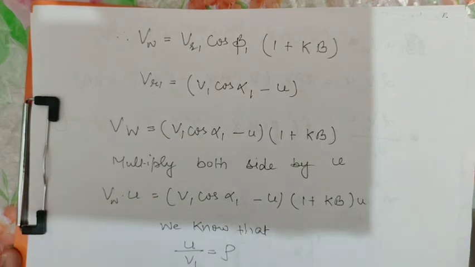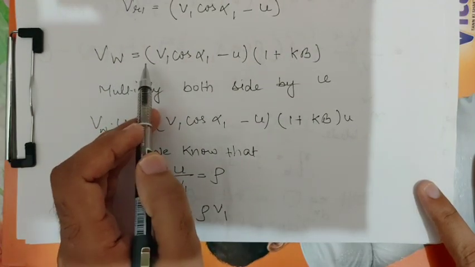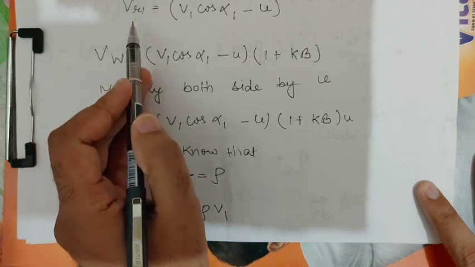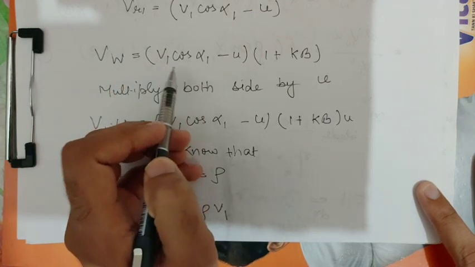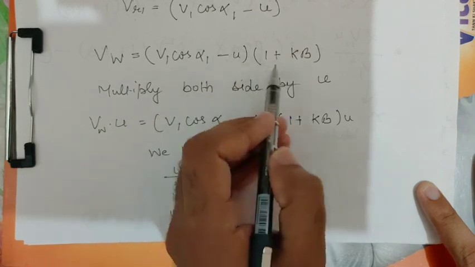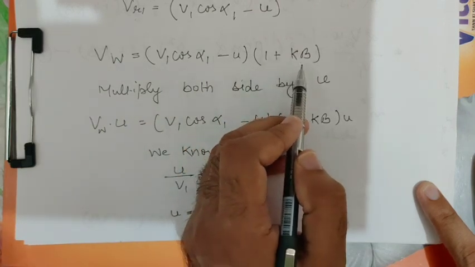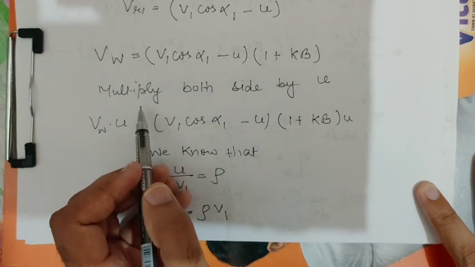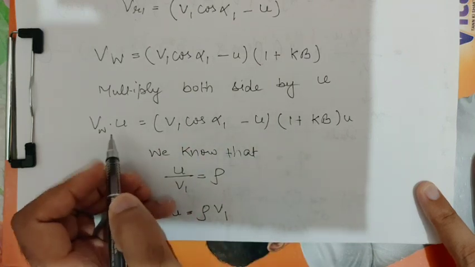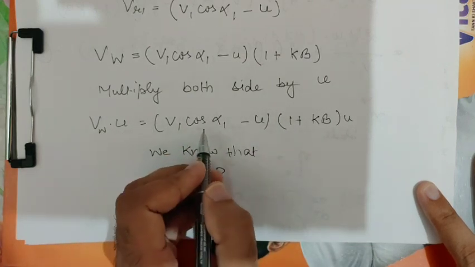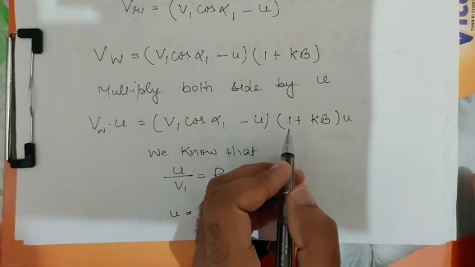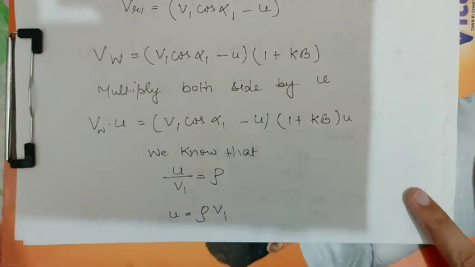So vw equals v1 cos alpha 1 minus u in bracket 1 plus kb. Multiplying both sides by u, vwu equals v1 cos alpha 1 minus u in bracket 1 plus kb, into u.